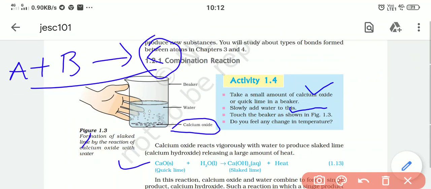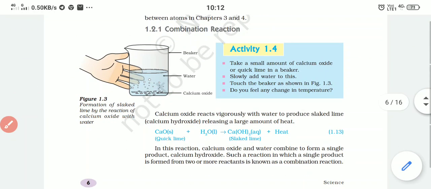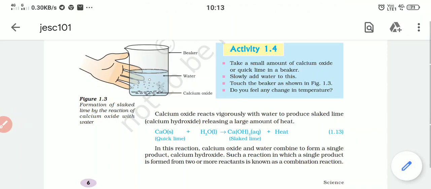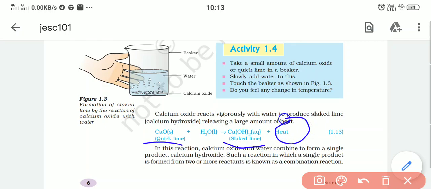When it reacts with water it forms Ca(OH)2, that is slaked lime. Remember the formula of quicklime is CaO. So when quicklime reacts with water it forms calcium hydroxide and evolves heat. When there is evolution of heat, such a reaction is known as an exothermic reaction.